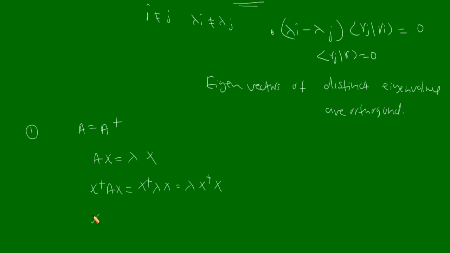Okay. Now let us take again X dagger A X, and I am taking the whole dagger. Then this will be equal to lambda X dagger X whole dagger. Okay.